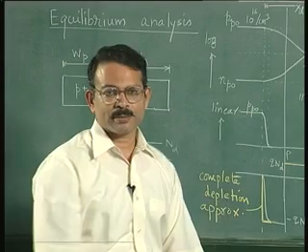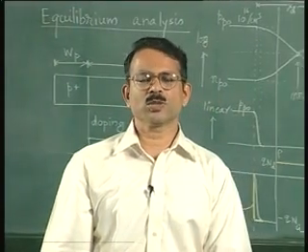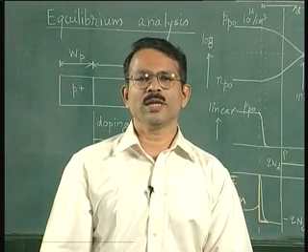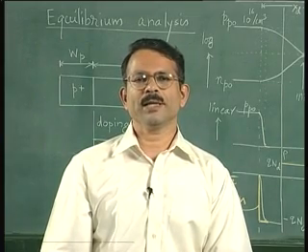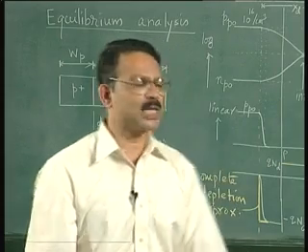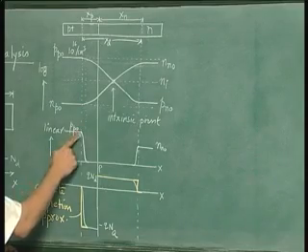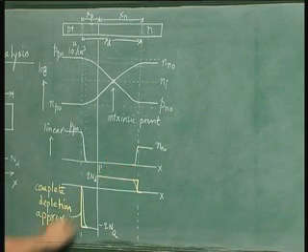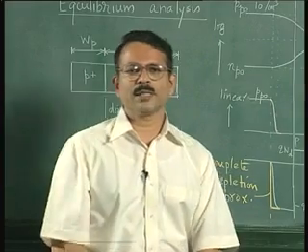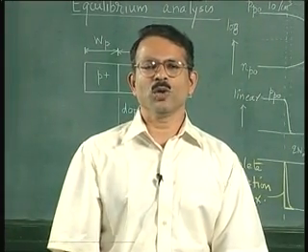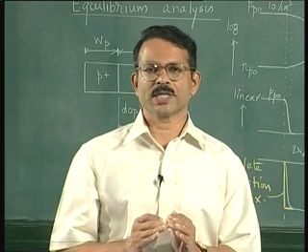There is another point. Sometimes the students have difficulty that if you use a depletion approximation, you are assuming that the free carrier concentrations are changing abruptly at the edge of the space charge layer, that is here and here. How can that be justified? Because that would imply infinite diffusion currents. At this point, it is necessary to note that the approximation is used only for a particular situation.